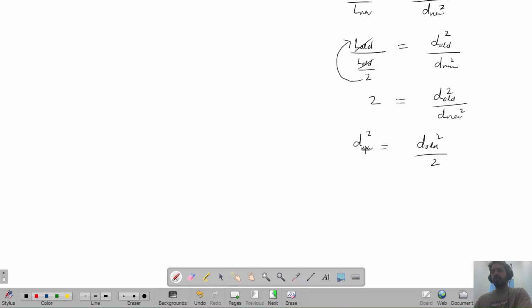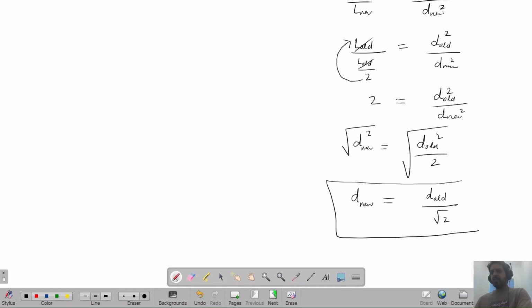And finally we want just d new, not the square of d new, so we can take square root on both sides, and we will have that the new diameter must be equal to old diameter divided by square root of 2.